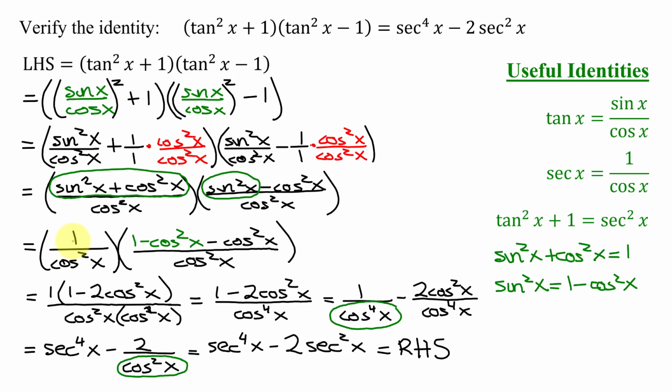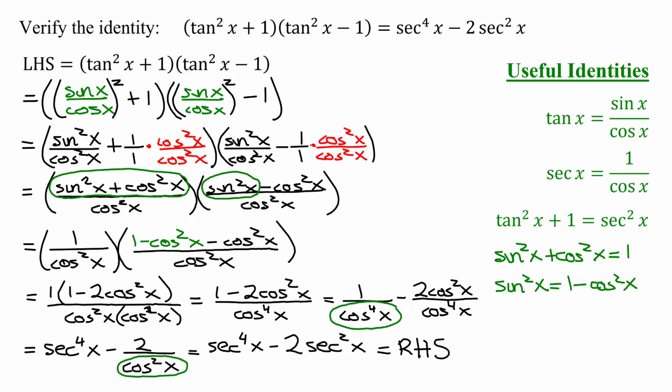So this becomes 1. In the second parenthesis, sine squared x can be written as 1 minus cosine squared x. And then, after a whole lot of simplification, I finally get the right-hand side. So this method is a lot longer than the first two methods, but it does work.